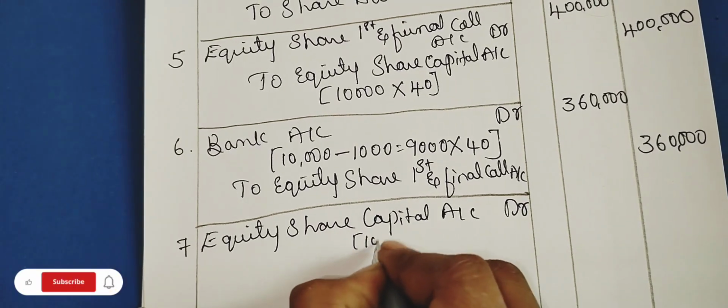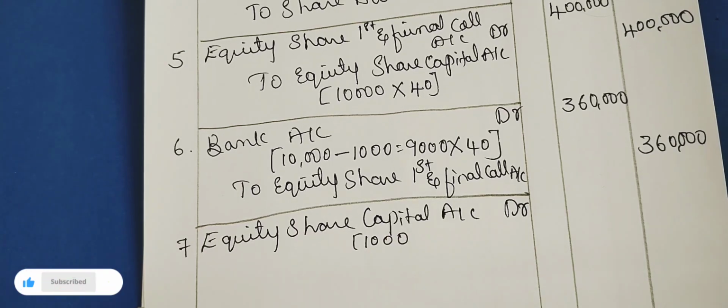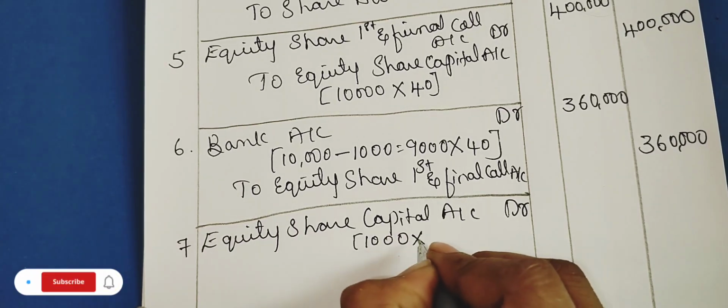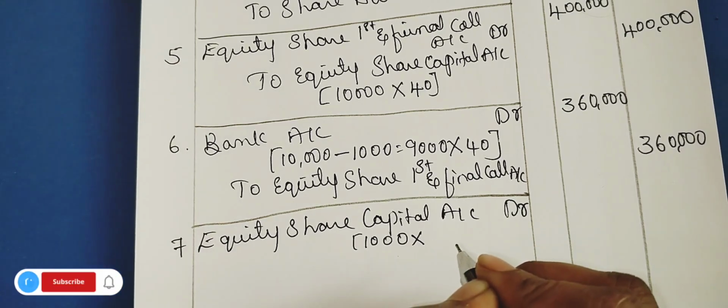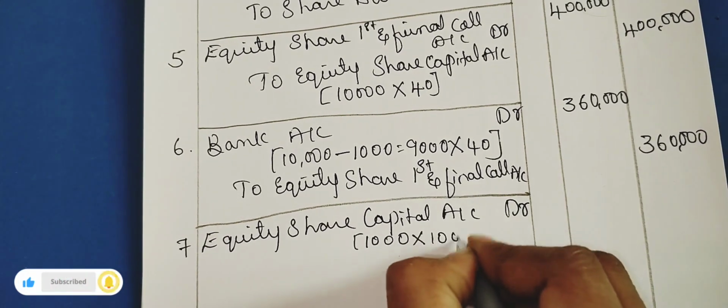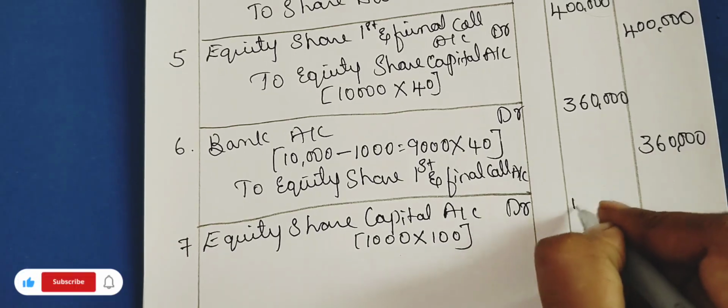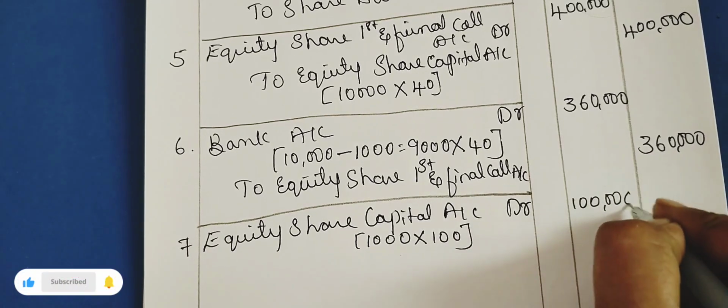How many shares are non-paid? 1,000 shares. What is the value of the shares? 100. 1,000 into 100 is 1 lakh.